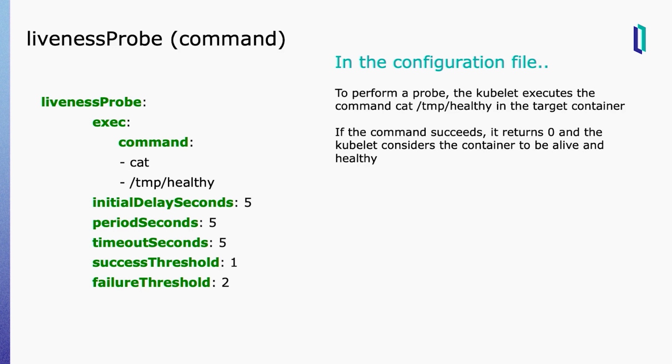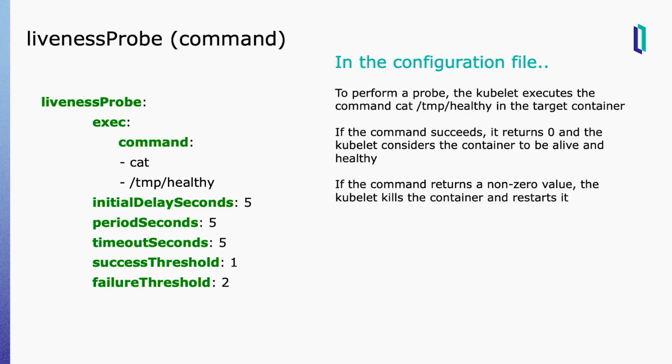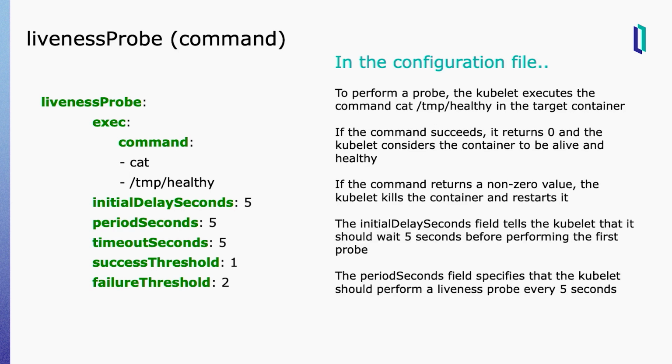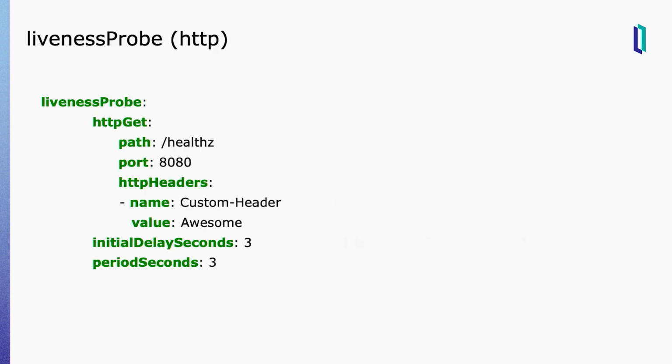If it returns 0, everything is good and the container is alive. If it returns some non-zero value, then the kubelet automatically kills the container and restarts it. And then we have our delay in seconds, the various parameters you can set defining how you want it to behave.